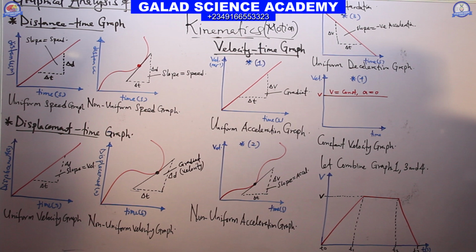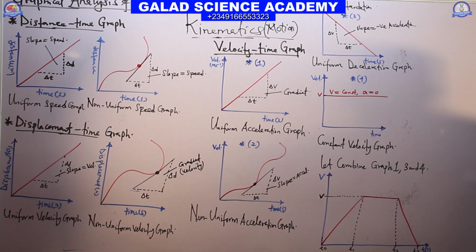So in a velocity-time graph, it's a graph of velocity against time.